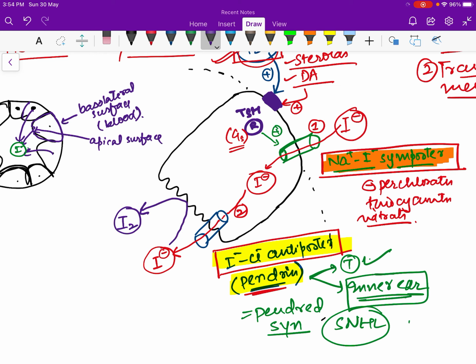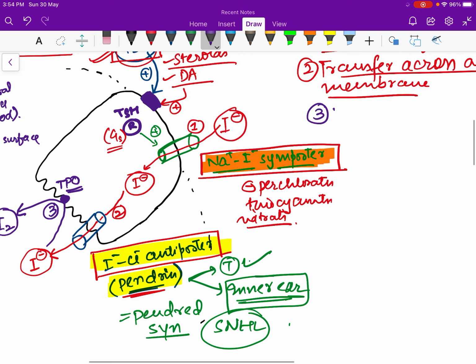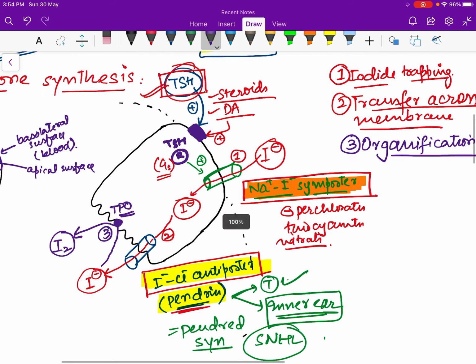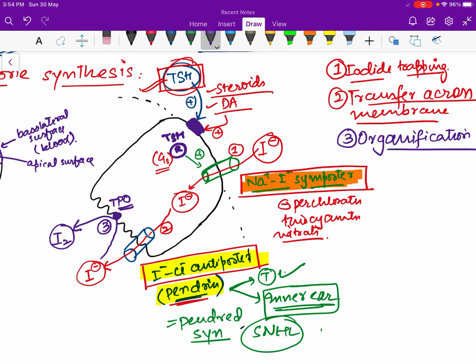This enzyme present on the apical surface converts the iodide ion into iodine. This is step number 3, called organification. First iodide ions enter, which is iodide trapping, then they go across the apical membrane, then there will be organification.